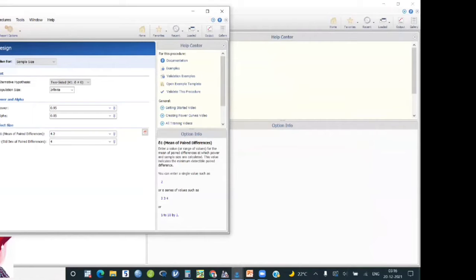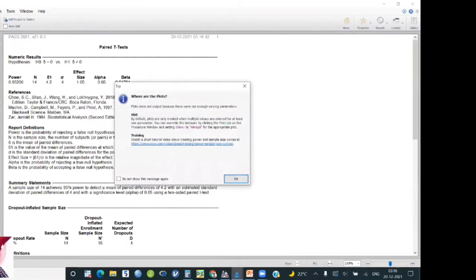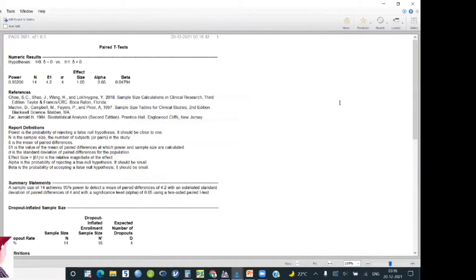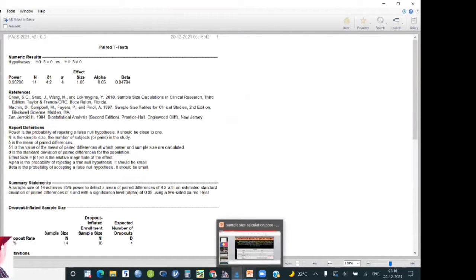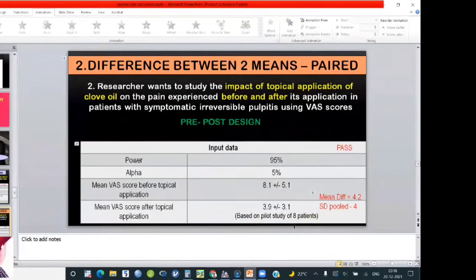So let me calculate. I am not considering dropout here because it is a pre and post design, so immediately we can follow. If there is no chance of dropout, you can skip that step. So we need 14 patients to test the statistical significance. How many had been taken in the pilot study? 8 patients. So how many more do we have to take? We have to take 14 more patients to detect the statistically significant difference.